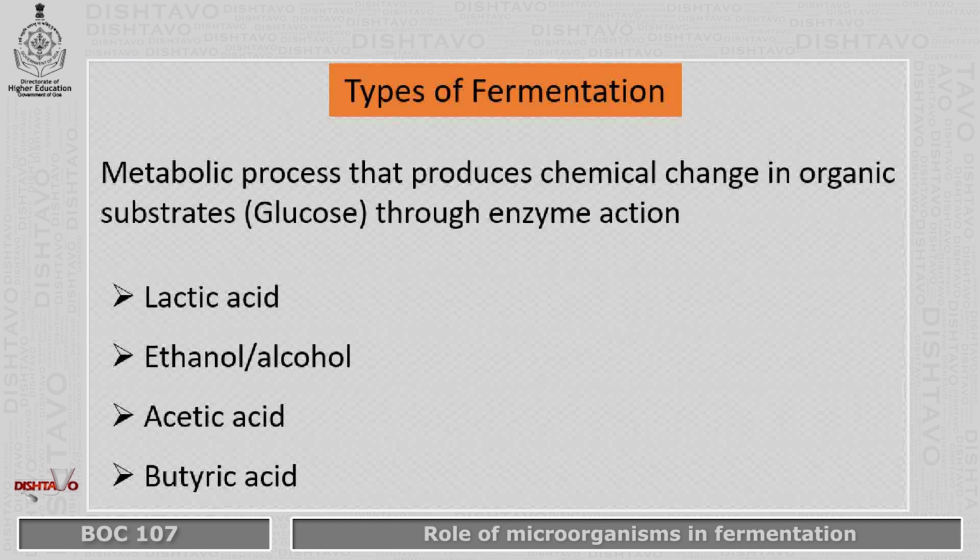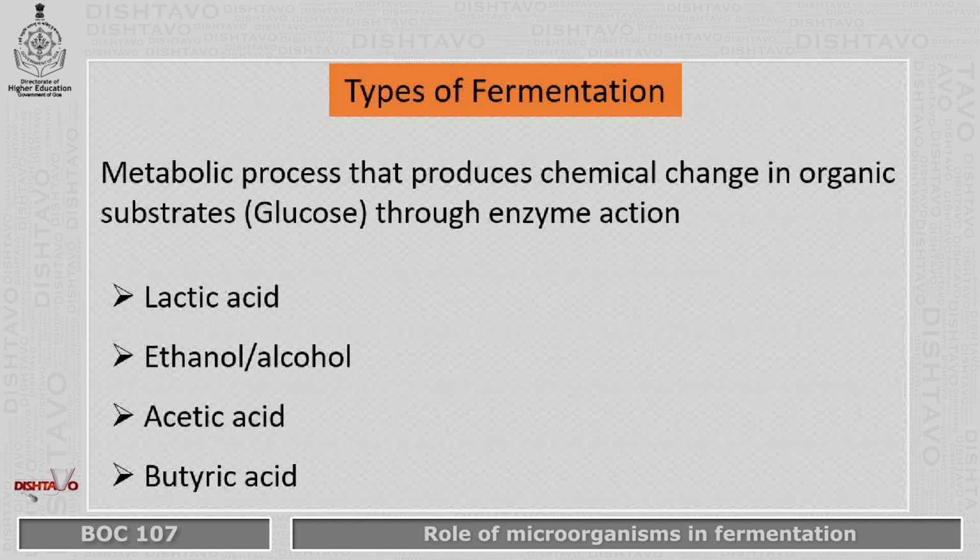Ethanol or alcoholic fermentation is a type of fermentation wherein sugars or carbohydrates are converted to carbon dioxide and alcohol. Acetic acid fermentation, wherein the sugars are converted first to alcohol and then oxidized by bacteria to acetic acid, also called vinegar.